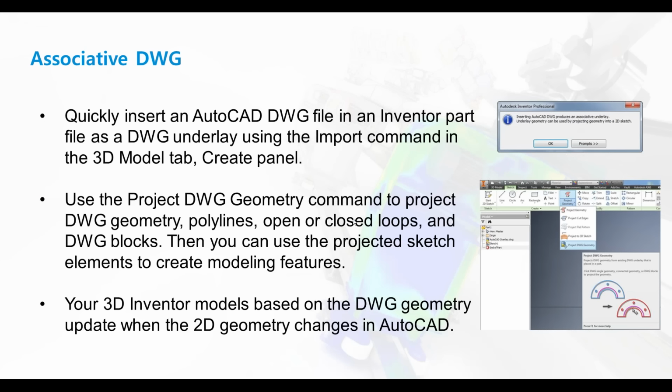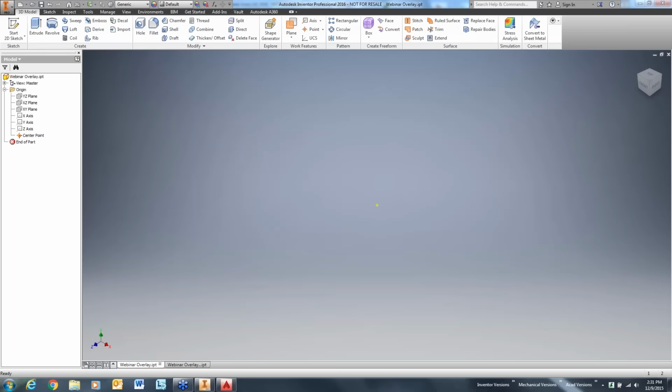Basically, the drawing overlay allows you to take an AutoCAD model and drive it in your Inventor environment. Bear with me a second here. Okay, so hopefully my screen is being shown right now. I'm going to flip back just to the AutoCAD portion.